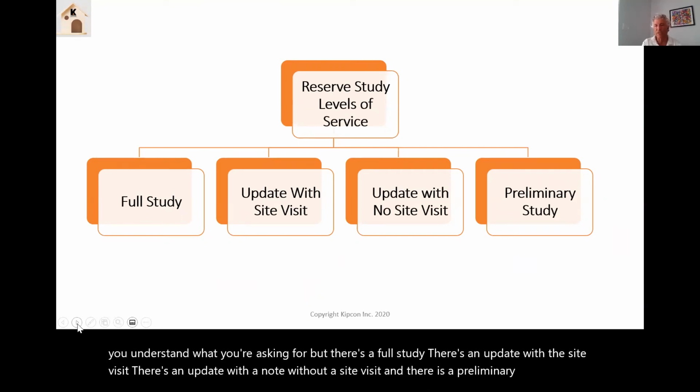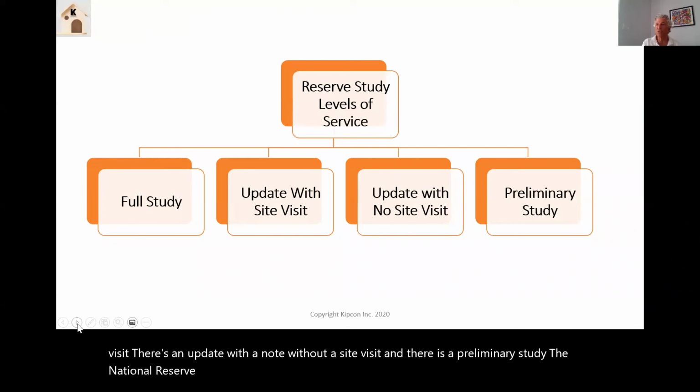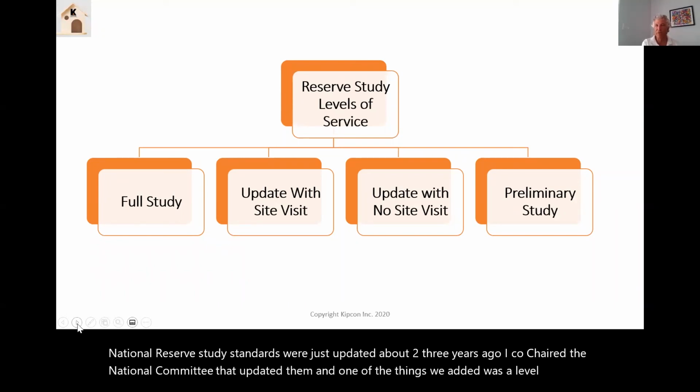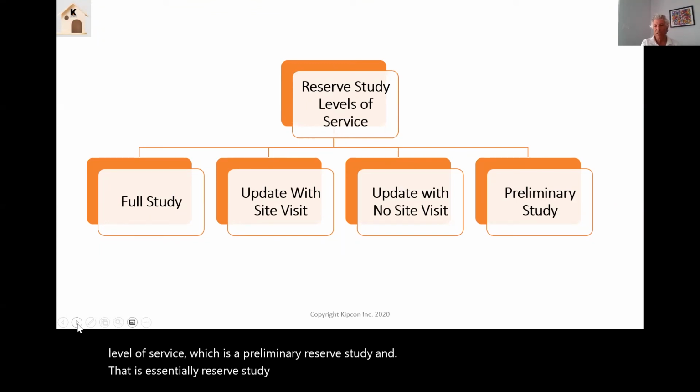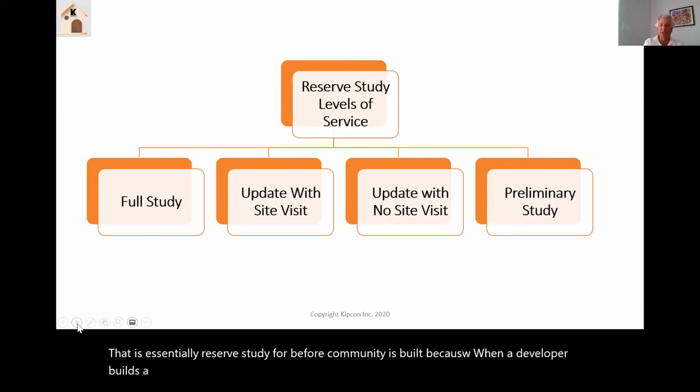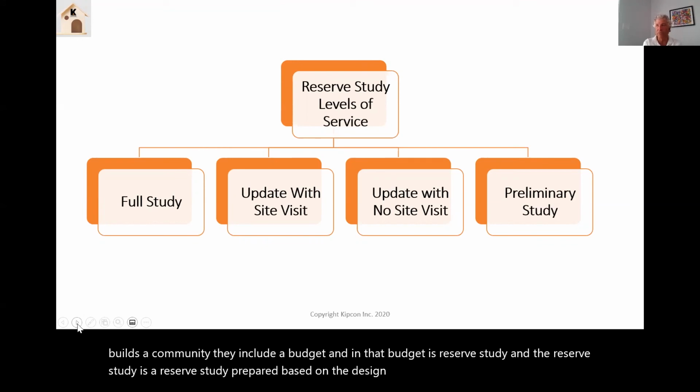The National Reserve Study Standards were just updated about two to three years ago. I co-chaired the national committee that updated them, and one of the things we added was a level of service, which is a preliminary reserve study. That is essentially a reserve study for before a community is built, because when a developer builds a community, they include a budget, and in that budget is a reserve study prepared based on the design drawings, but without the community actually being built yet.